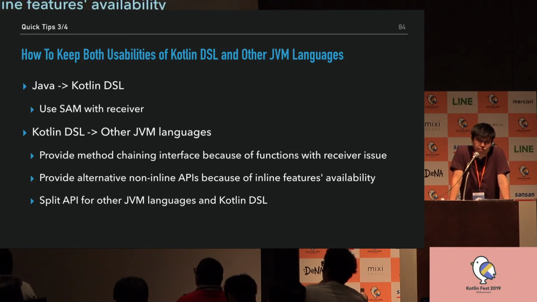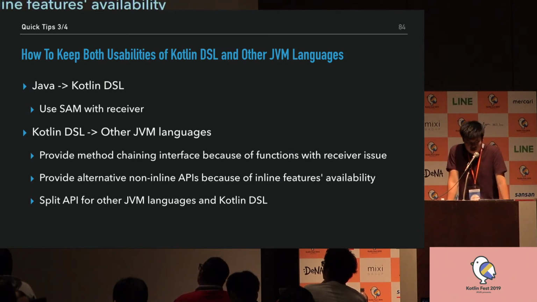If we provide a lambda-based builder DSL, then we may need to provide a method chaining interface as well, because other JVM languages might not be able to use functions with receiver. Inline features are also important.